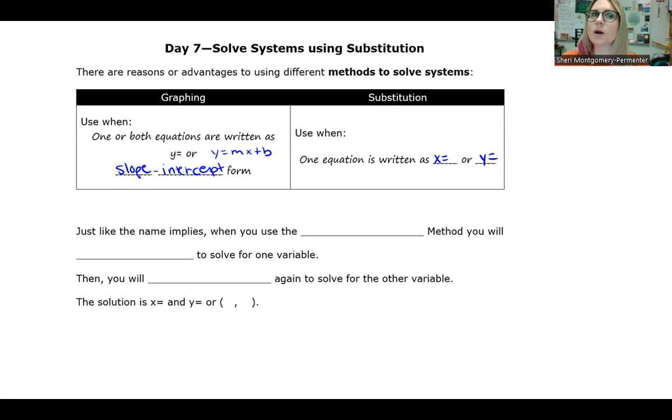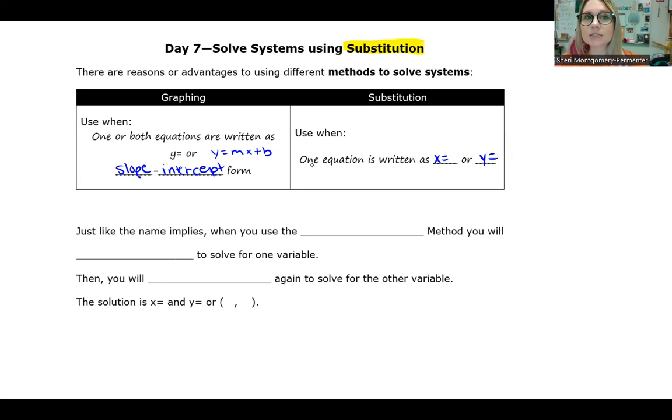So today, what method are we talking about? You can read the title. Substitution. Today we're talking about substitution.